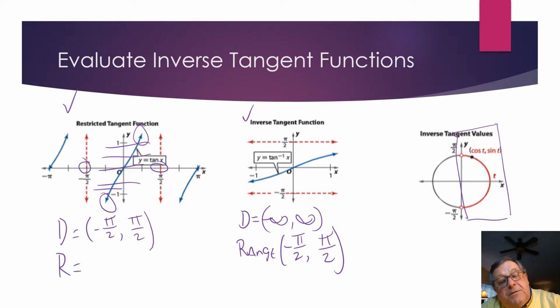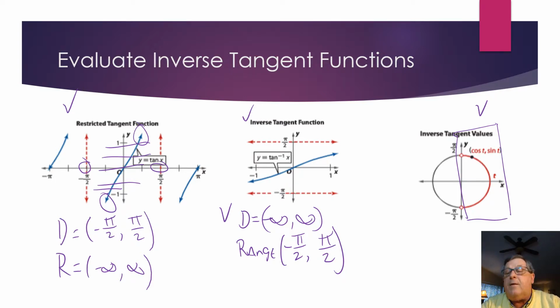And our range here then is negative infinity to infinity. And we swap the values of the domain and the range to get the inverse function. And so here we are, and this corresponds to the right half of the unit circle based upon restricting the domain of the tangent function.